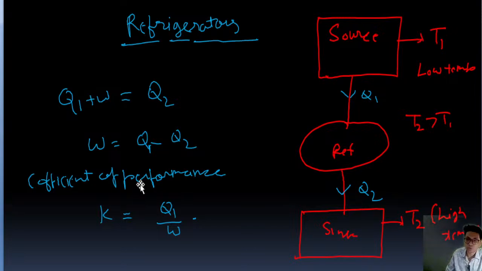In case of this refrigerator, this is the input W, and the Q1 heat is the output, Q1 upon W.